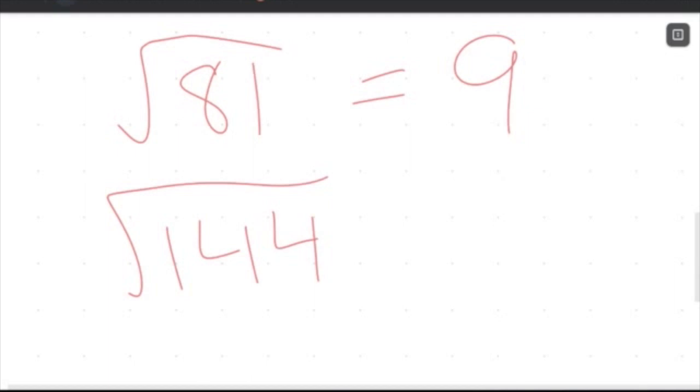Well, 12 times 12, my last two numbers in my times tables, multiply to give me 144. So if I want to undo the squaring, this square root just tells me what that base number is, the number that multiplies by itself to give me 144. And that number, if we know our times tables, is 12.